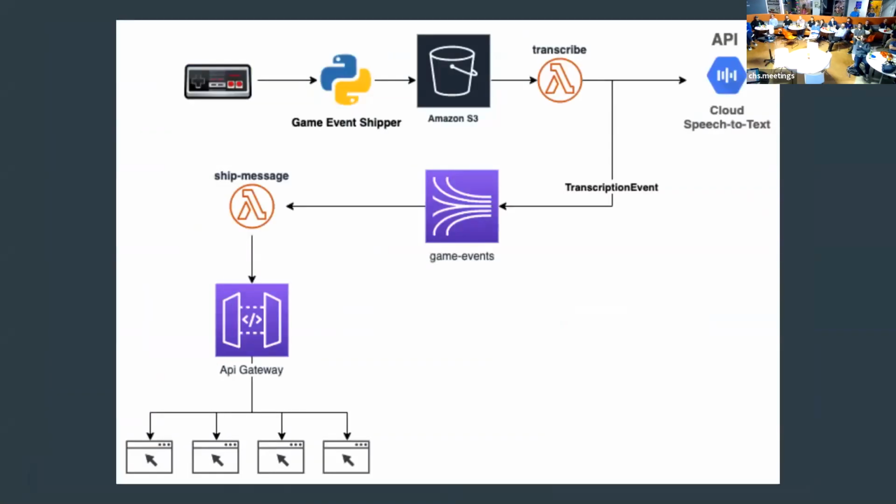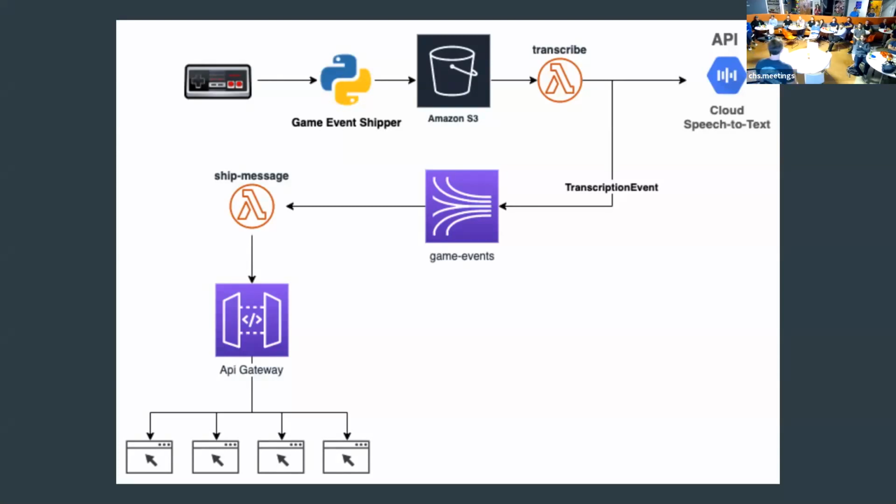That was too slow. So rather than sticking with Amazon, when they don't do something well, just use Google. And Google has something called the Cloud Speech to Text API. It's something you pay per API call. I have my own little Google account. As long as I stay below $100 a month, so I don't play this game too often, I will be good to go, and it's free.